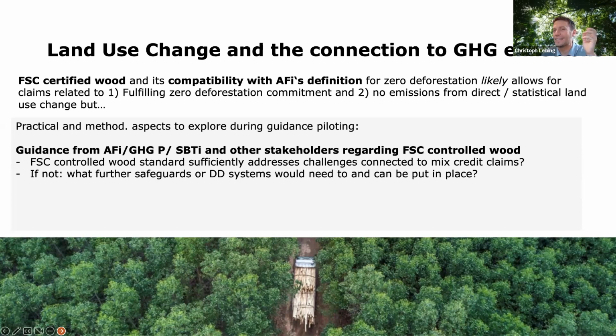What kind of quality of safeguards is enough in terms of assurances around this controlled wood? I think there needs to be a quite good discussion among the different stakeholders involved, including AFI, Greenhouse Gas Protocol, and SBTi, and of course the certification bodies. How can this controlled wood aspect be used to make claims around, for example, zero deforestation?